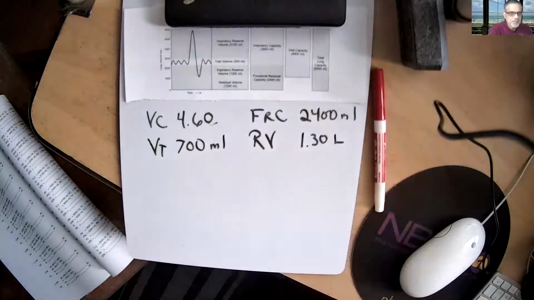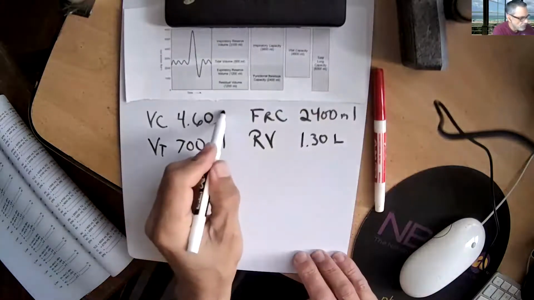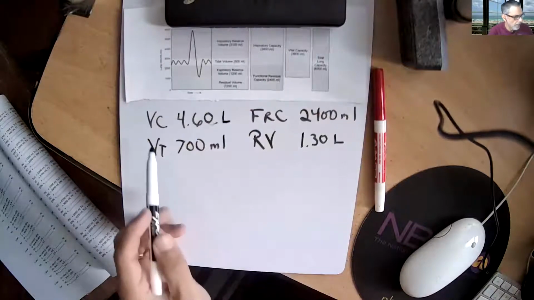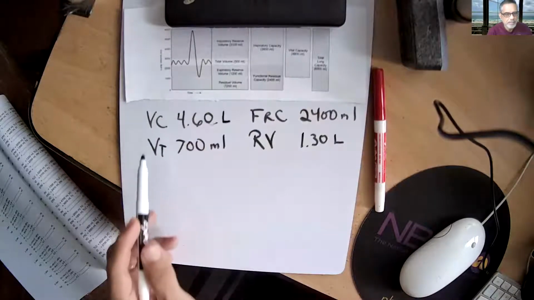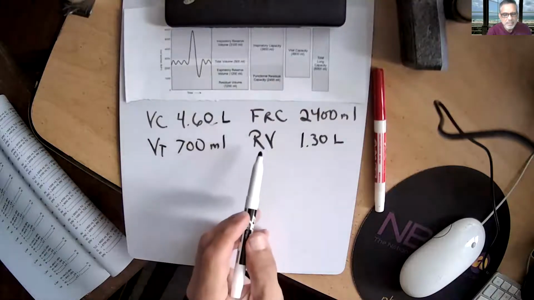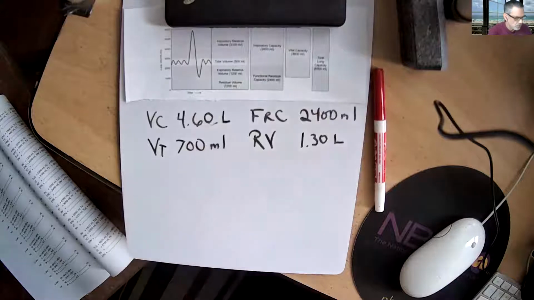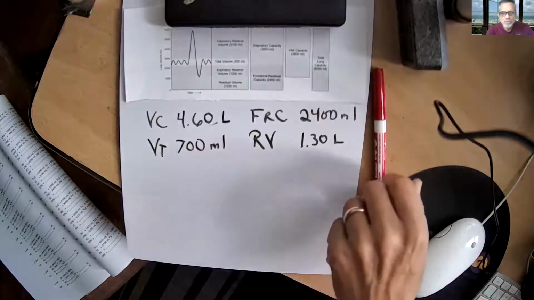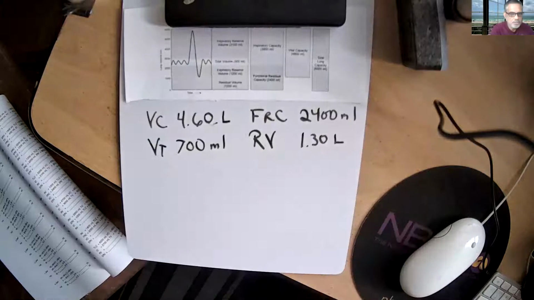Now here you can see that I've listed a set of values. We have vital capacity, tidal volume, functional residual capacity, and residual volume. What I also want you to notice is that I've given these to you in two different units of measure.